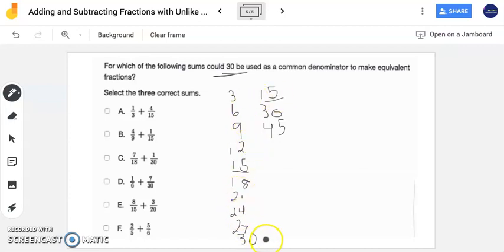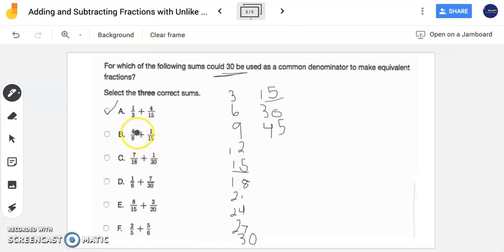And this proves, since 30 is a multiple of 3 and 15, yes, you can use 30 as a common denominator. Now notice, even though I chose the larger common denominator, I'm not actually solving this problem. So it's okay to identify 30 and 15 as potential common denominators, and this problem didn't even ask me to solve.